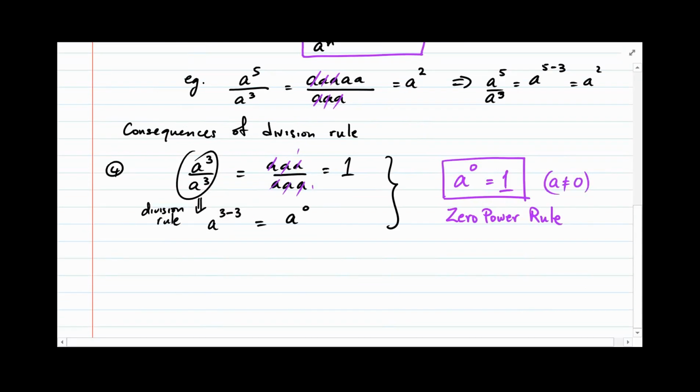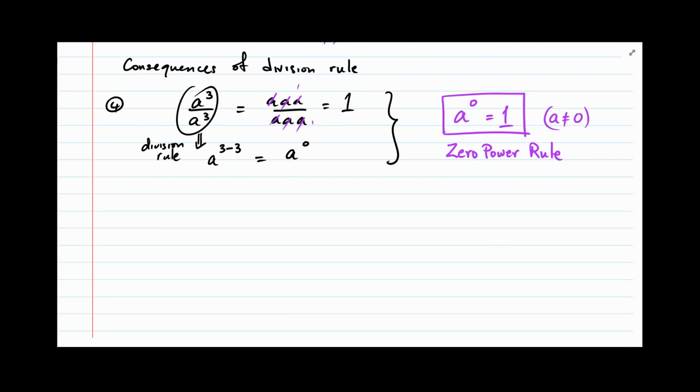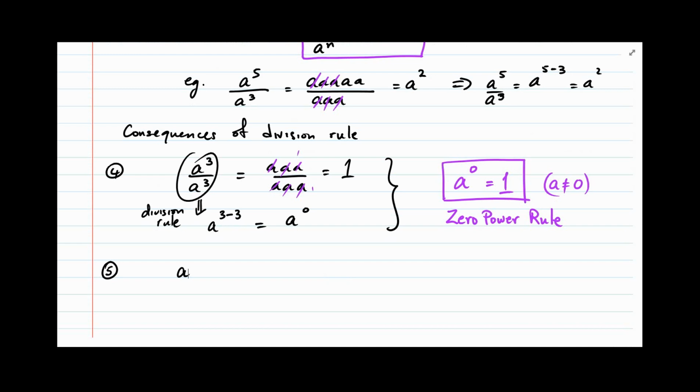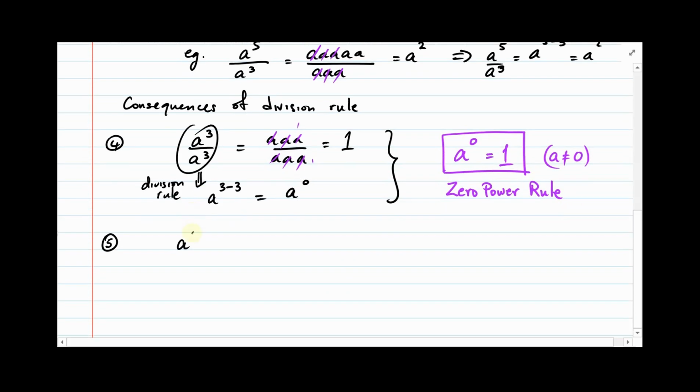All right, let's continue with our next rule. Again, it is a consequence of the division rule. Let's start again by example. Last time with the division rule, I looked at a to the 5th over a cubed. This time I'm going to change the order. I'm going to put the smaller power on the numerator, and the larger power on the denominator.